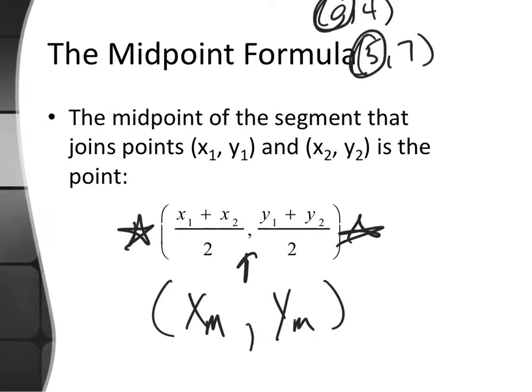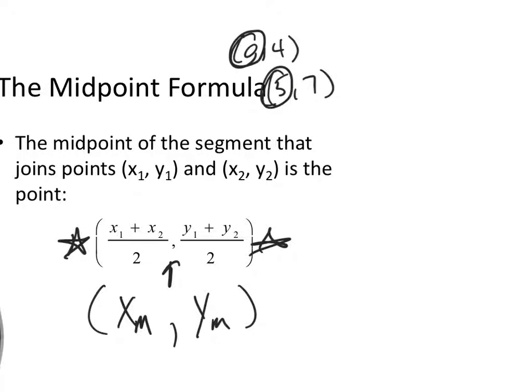For example, in those 2 numbers I've got up there, we'll agree that these are both our x's, right? So I'm going to call this x1 and this x2 just so we can all follow along. So 0 plus 5 divided by 2. That is 5 divided by 2, which is 2.5.